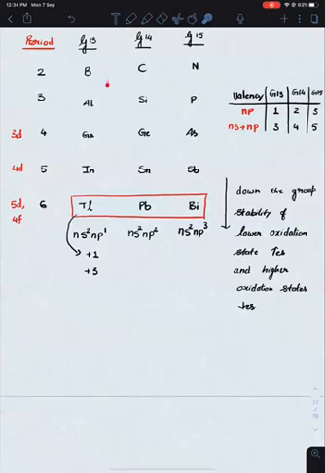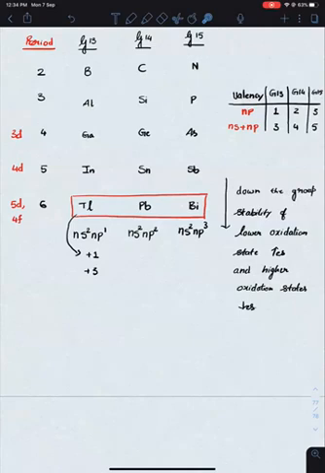Down the group क्या होता जाता है? वो +3 oxidation states का stability घटता जाएगा and +1 oxidation states का stability बढ़ता जाएगा. And when they come to group 6, the stability of the lower oxidation state becomes higher when compared to the stability of higher oxidation state. ये वाला पॉइंट समझ में आया?